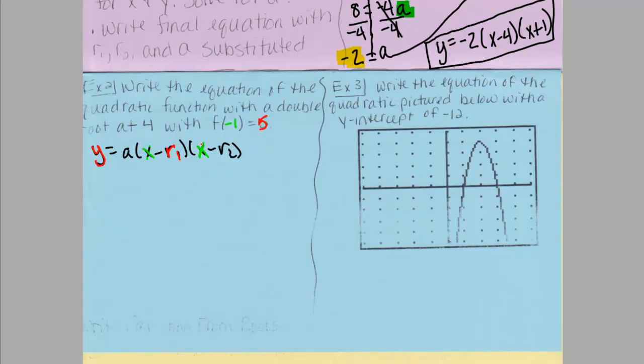Our R1 and our R2 will be this 4. And the reason is because it says there is a double root. Whenever there is a double root, that means that there are two numbers as our answers. So 4 will be both of our answers. So our R1 and our R2 will also be 4.